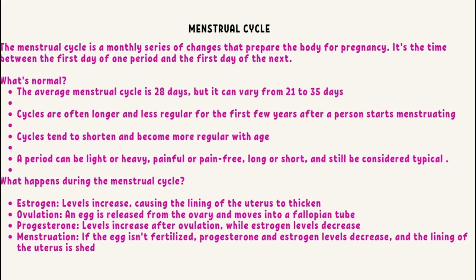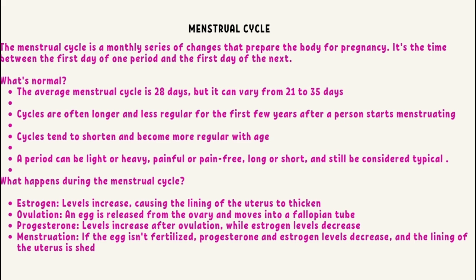Once the female falls within 21 to 35 days, it should not be that alarming, but again, talk to your doctor. Cycles are often longer and less regular for the first few years after a person starts menstruating.